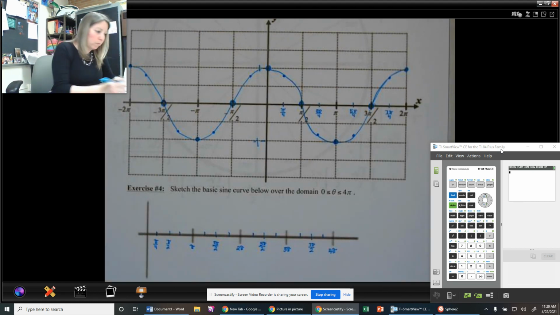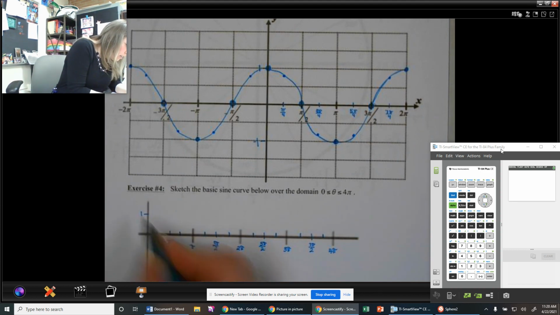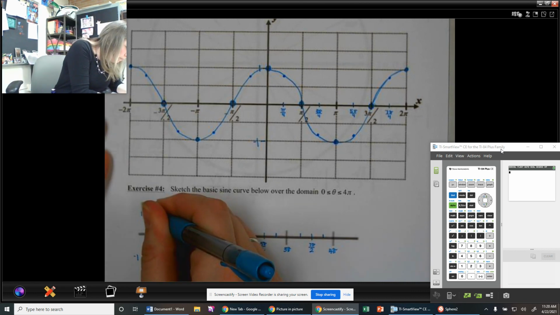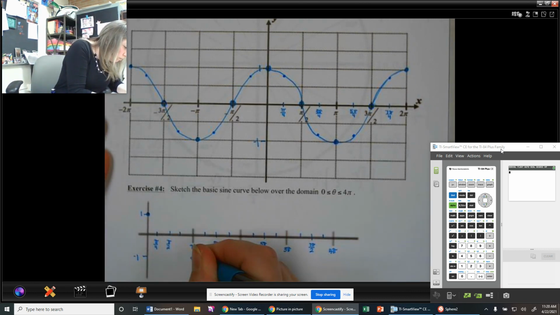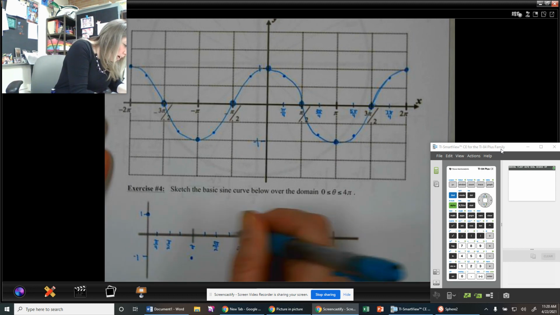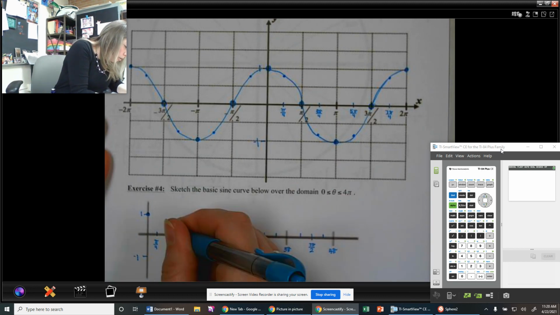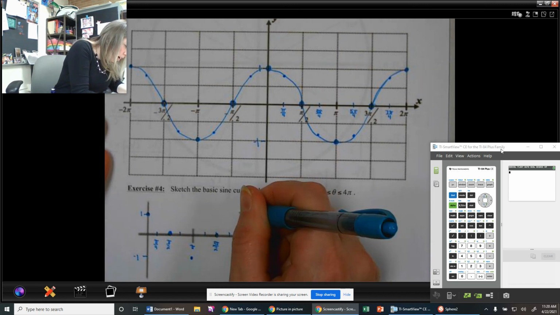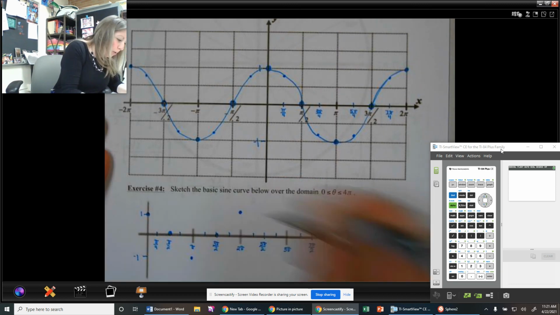Okay, here, let me get a max and a min. Now remember, start high. Pi is low. Back up, so your pi over 2s are your zeros, and then back up top for 2 pi.